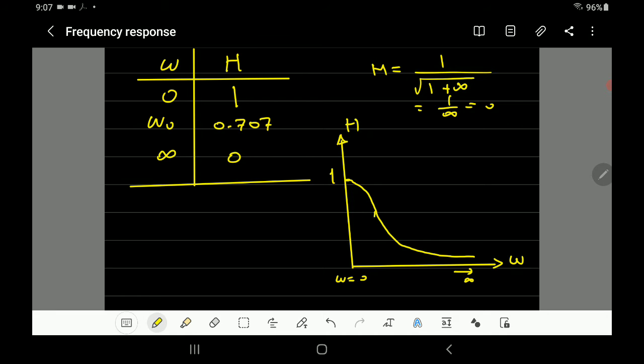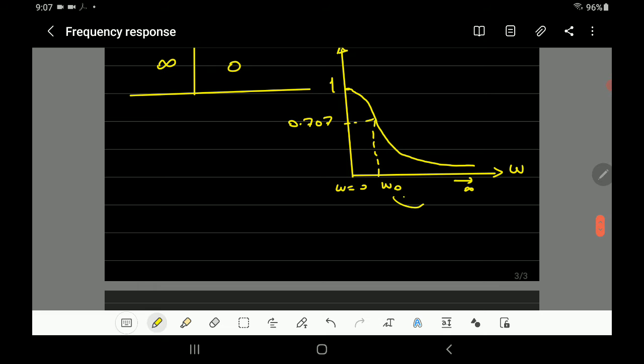But at omega naught, the value is equal to 0.707. This omega naught is called the cutoff frequency.